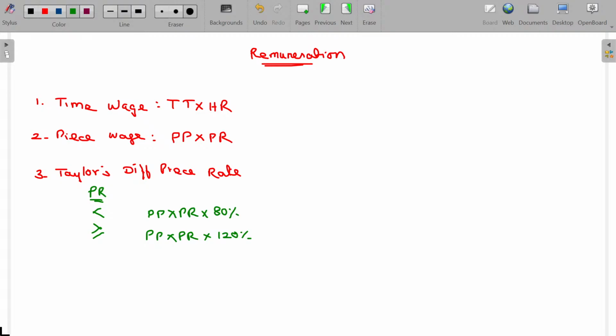For example, I tell you I will offer you 100 rupees for every unit produced, and I tell you that in a day of 10 hours, you have to produce at least 10 units. For every unit, 100 rupees, so for 10 units, 1000 rupees I am willing to pay. But if you produce only one unit, what happens? Piece rate being 100, and my standard production per day being 10.